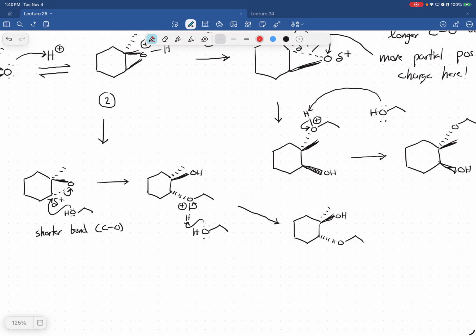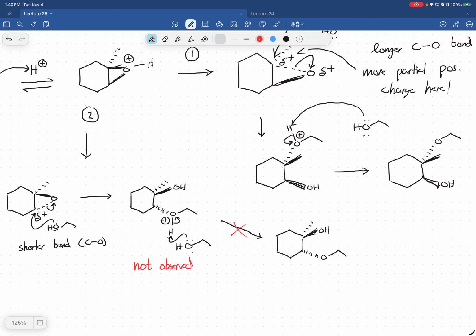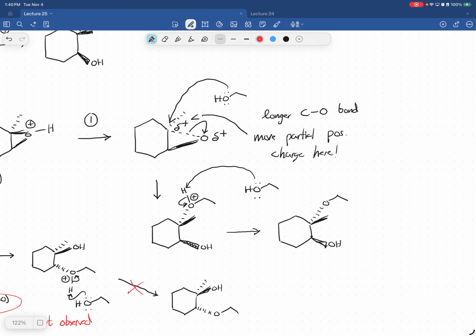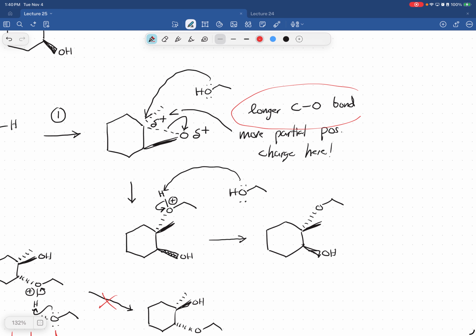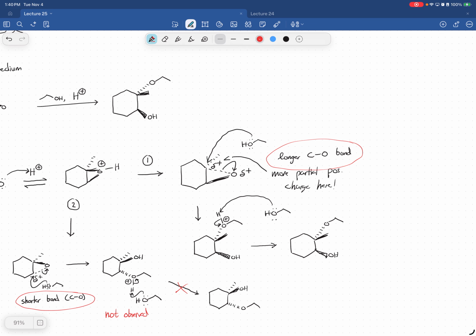But this is not what we see. We don't see this. This doesn't occur at all. So this selectivity here is not observed. And it's because this bond here is much shorter in the transition state than this bond. And this difference here is what drives the reaction towards one product.